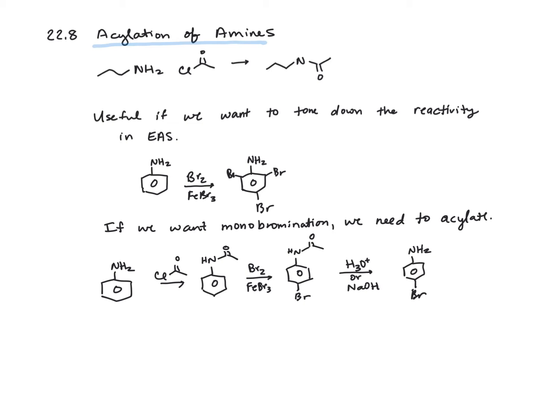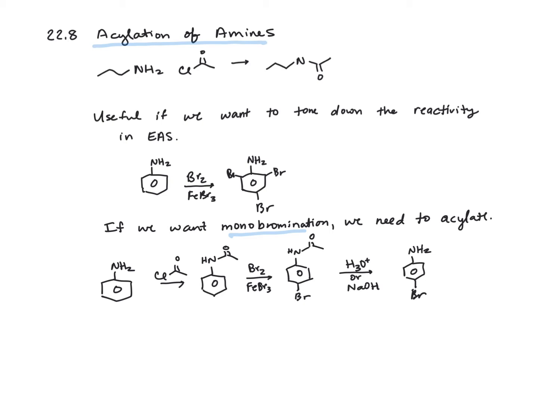This is useful if we want to tone down the reactivity of an aniline compound in an electrophilic aromatic substitution reaction. For example, when we treat aniline with bromine and FeBr3, then we see that there are multiple brominations in this system. What if we want monobromination? Then we need to acylate the compound.